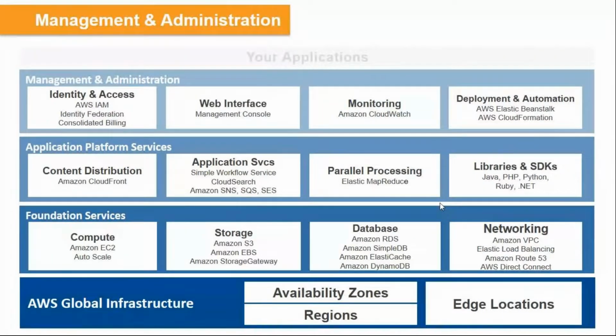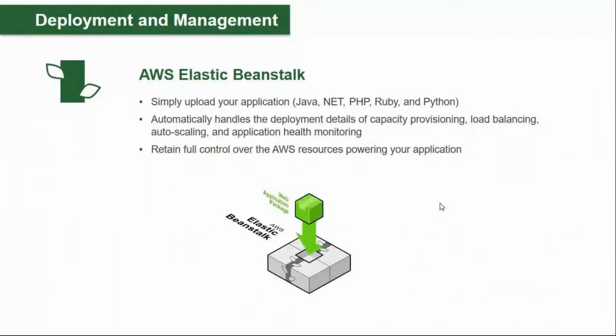Management and administration: the commitment of AWS web services is also shown through the products offered. Here, under deployment and management, AWS Elastic Beanstalk is used for quickly deploying Java, .NET, and PHP web applications to the AWS cloud. It is an easy way to quickly deploy and manage an application in the AWS cloud.